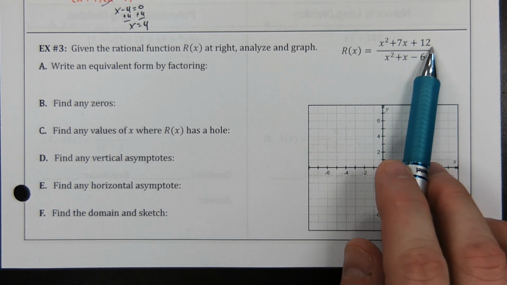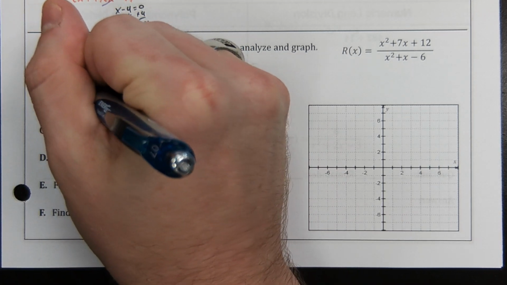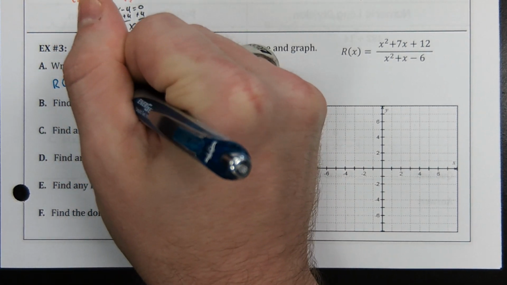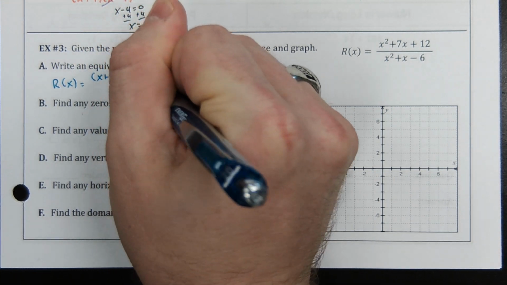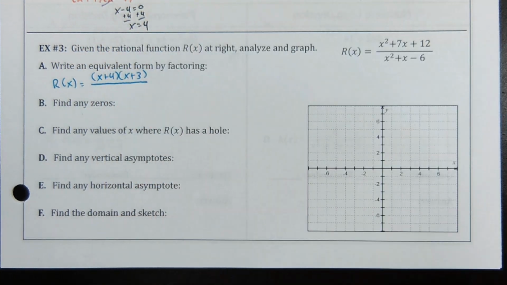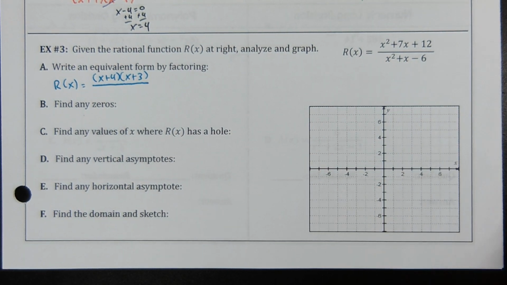All right, there are two numbers that multiply to 12 and add to 7: 4 and 3. And yes, there are two numbers that multiply to negative 6 that add to 1: positive 3 and negative 2.